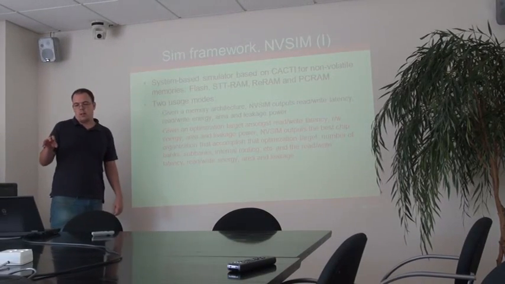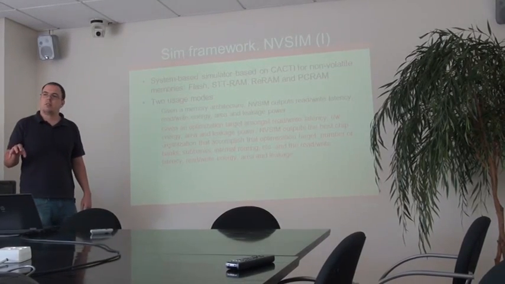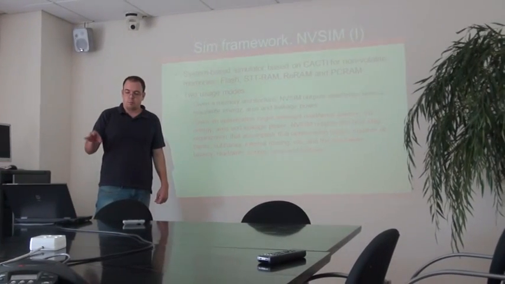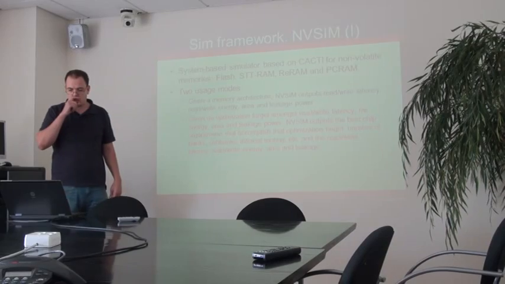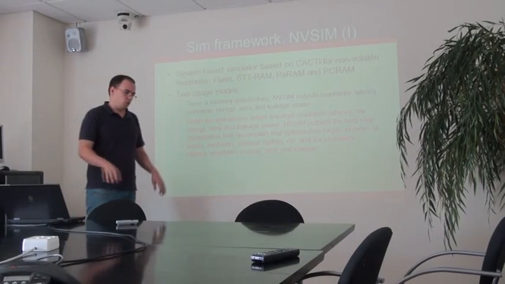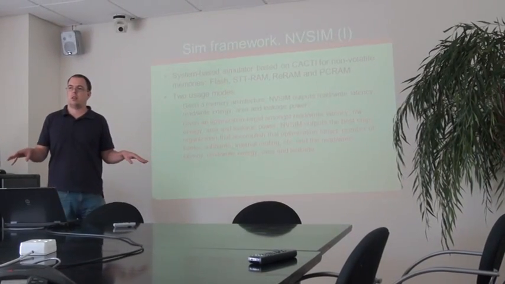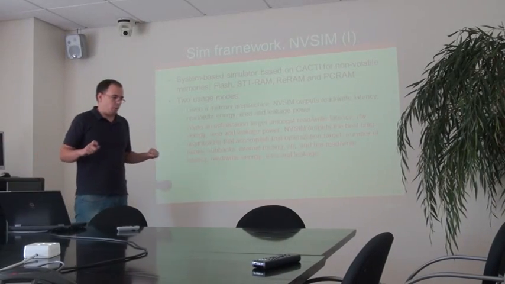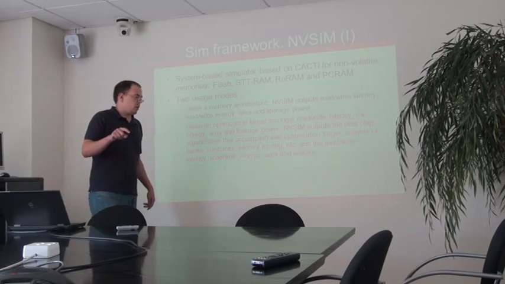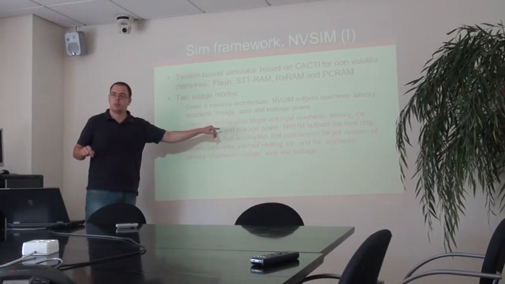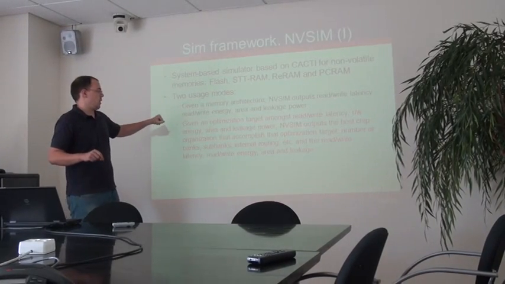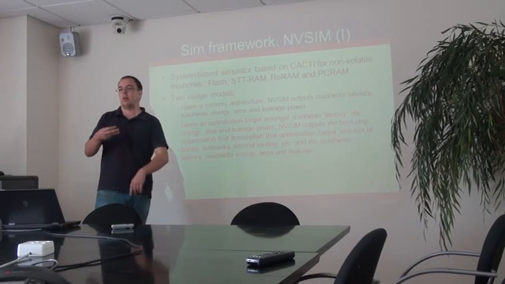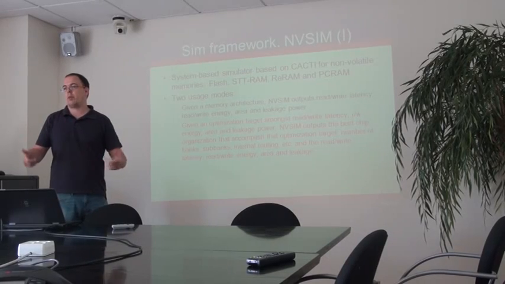You tell NVSim an optimization target, you put in the minimum number of metrics needed for the simulator to work, and let the simulator search the whole space of all combinations that meet this optimization target. The optimization target can be read latency, write latency, read energy, write energy, leakage power, or area.